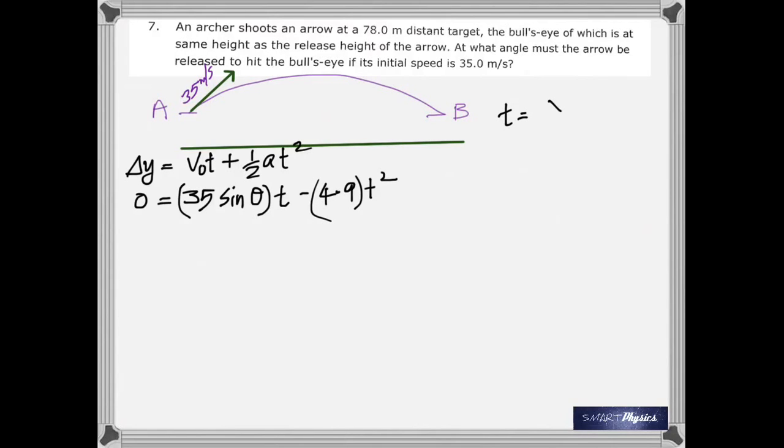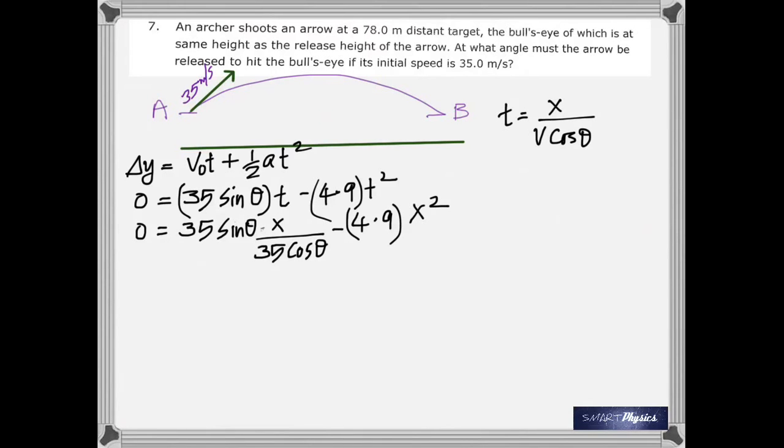And we can find time, remembering that the horizontal displacement is given, and if you divide the horizontal displacement by the horizontal component of the velocity, you're going to get the time. So it can be substituted as x by 35 cos theta.